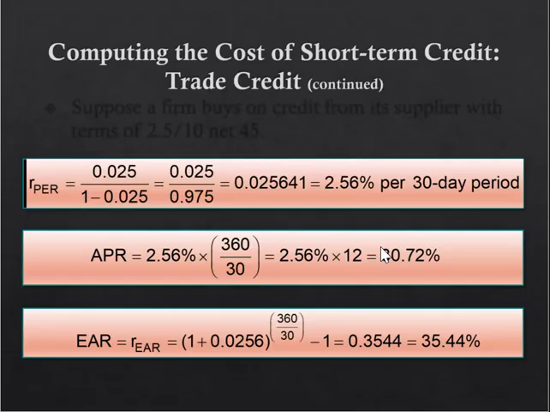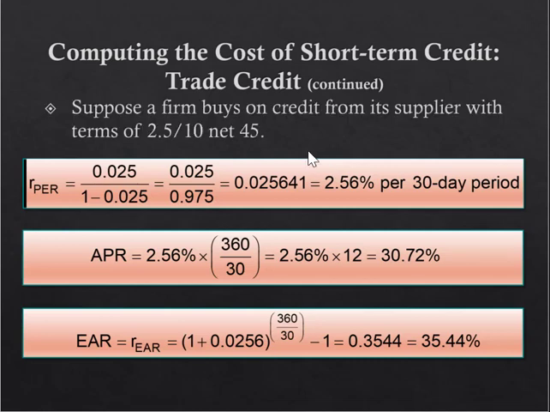Well, let's take a look. Suppose a firm buys on credit from its supplier with terms of 2.5 10 net 45. So the return on the period is 2.5% over 1 minus 2.5%, so 2.5 over 0.975. So you've got 0.025641, or 2.56% per 30-day period.